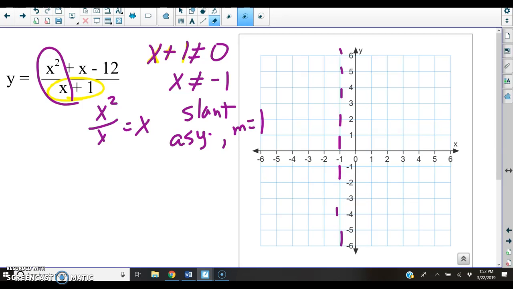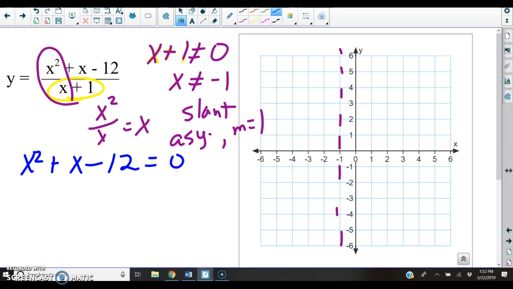But the other thing I want to do before we start plotting points is find our zeros. So x squared plus x minus 12 equals 0. It's quadratic. I've tried to drill into your head that you have to be automatic when it comes to quadratics. You set it equal to 0 and try to factor.